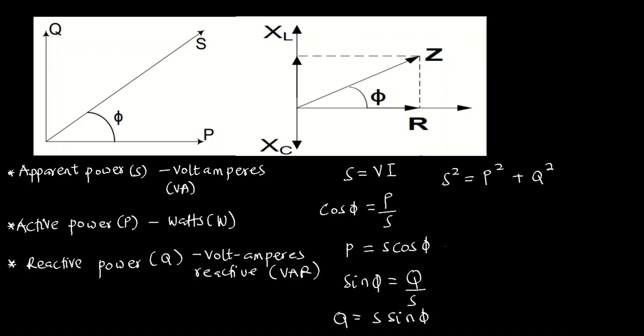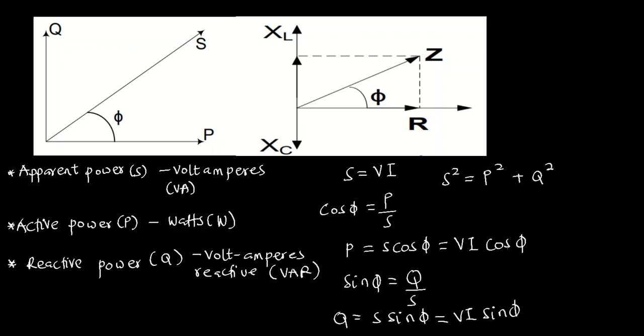So the active power will be equal to the total voltage times the current, VI multiplying the cosine of phi. Similarly, the reactive power is equal to VI multiplying the sine of phi.